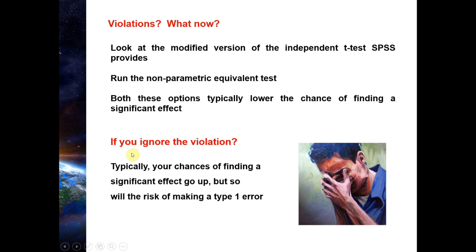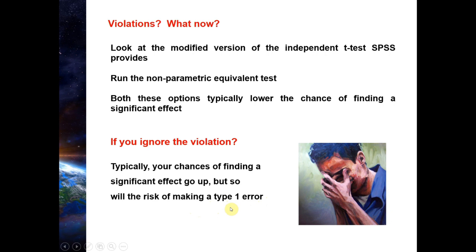Well, there's one good thing about this. Ignoring the violation, typically your chances go up for finding significant results. So if you don't have homogeneity of variances, it actually makes it a little bit easier to get a significant t-test result. And you're thinking, well, why is that bad? I want that. Yes, you do want your t-test to have a really good chance of being significant, but with the violation, you also have an increased risk of making a type 1 error.